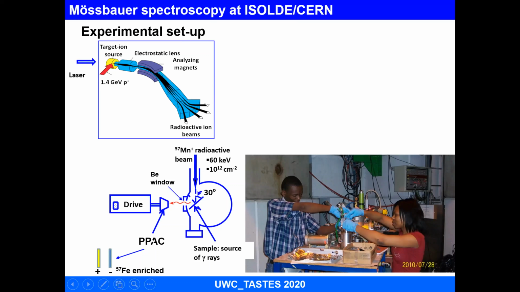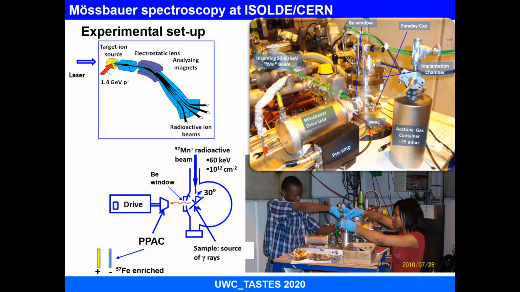This detector is a parallel plate avalanche counter, which consists of two electrodes, one of them enriched in iron 57, and the electrons produced from this enriched electrode are then detected in the second. The photo here shows our students, Hilary Masenda and Wendy Slamini, during one of the experiments doing the setup.